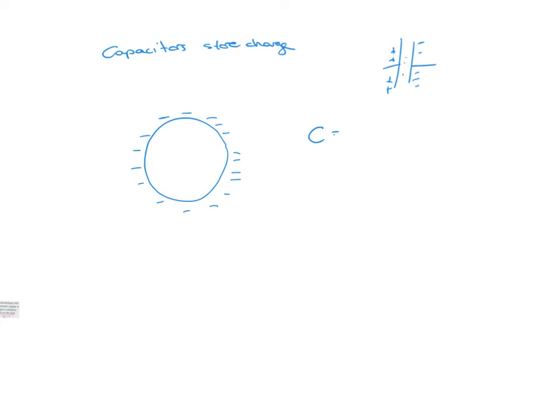We already know that capacitance can be calculated by charge per unit potential difference. But we also know that the electric potential can be calculated using Q over 4 pi epsilon naught R. So basically, we can use this equation to come up with an expression of the charge that's stored on the surface of the sphere, where the surface of the sphere will be this distance from the center.